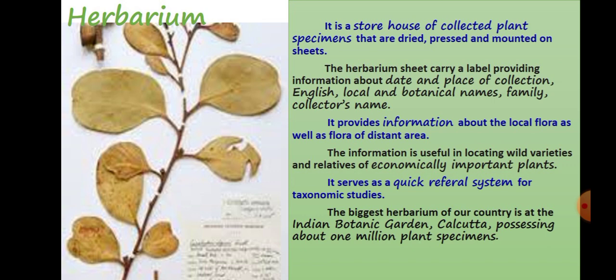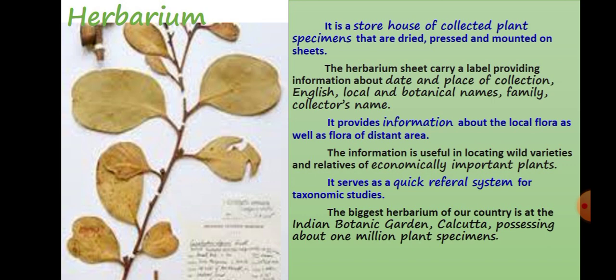We can understand quickly the leaf arrangement, shape of the leaf, stem shape. Likewise, you can understand so many important actual features of the herb. So how to understand this? Herbarium means what exactly?